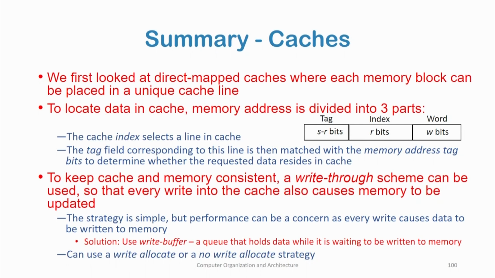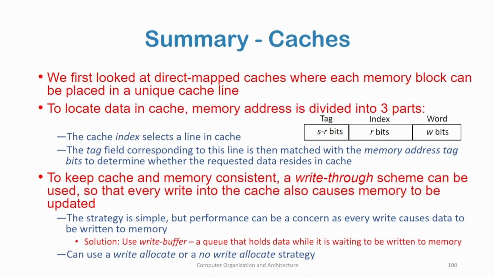To locate data in cache, the memory address is divided into 3 parts. Each memory address generated by the processor is divided into the tag bits, the index bits and the word offset, shown here as W bits.